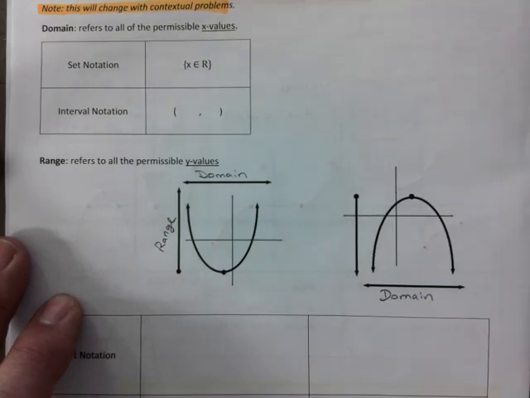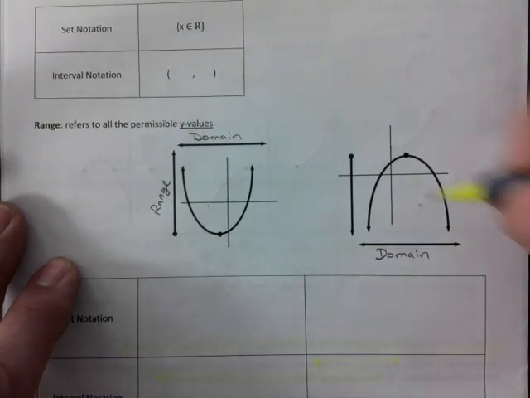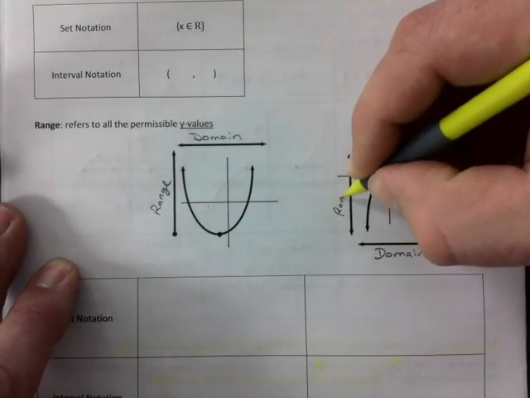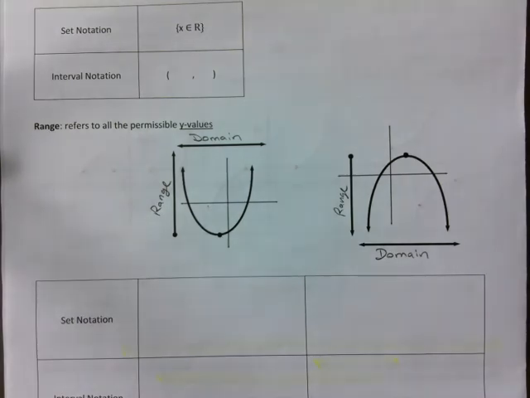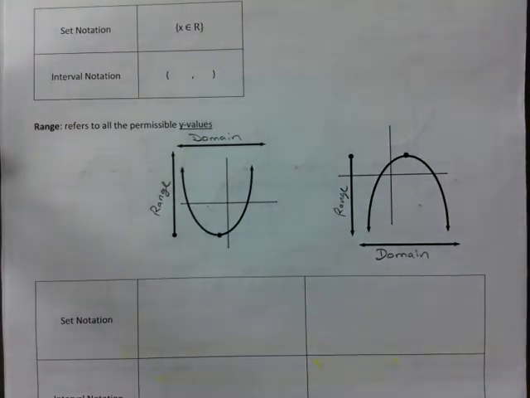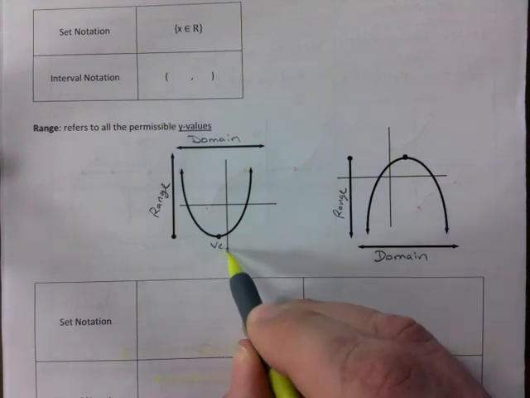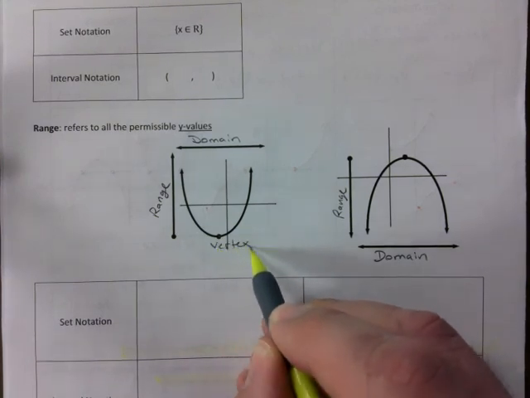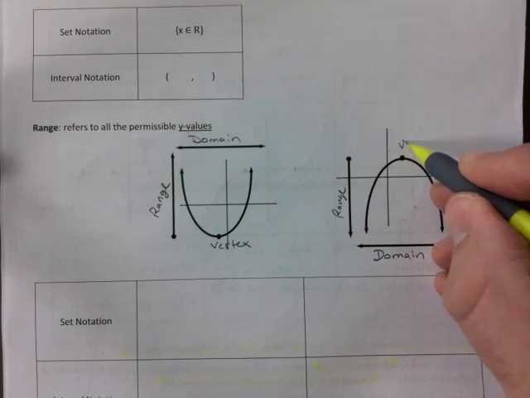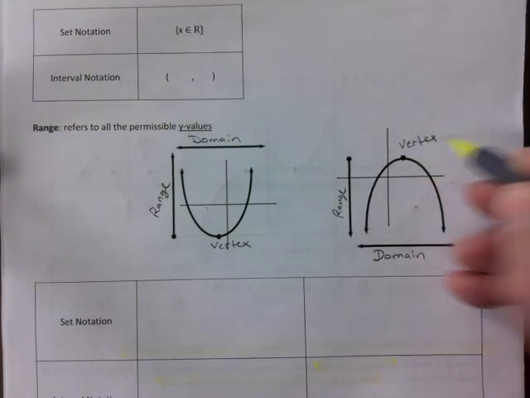Write down domain along the horizontal, and then write down range there. Let's also make a note of the vertex. Okay, so the vertex is right here. That is very important to us. Vertex is right there.